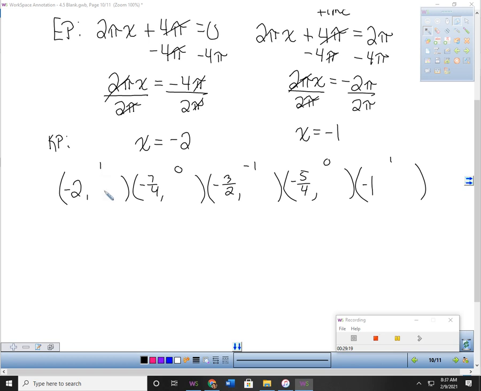So 1 times negative 3 is negative 3. 0 times negative 3 is 0. Negative 1 times negative 3 is 3. 0 times negative 3 is 0. And 1 times negative 3 is negative 3. And now we're ready to draw this graph.